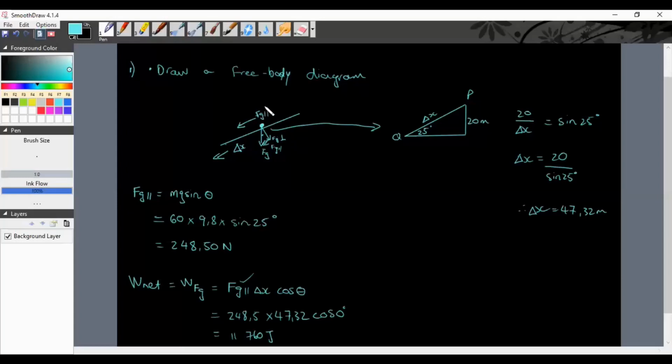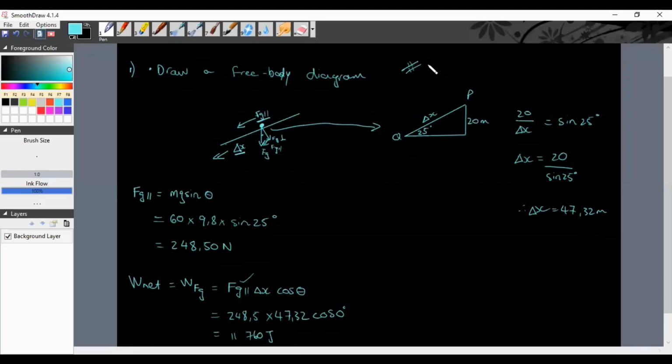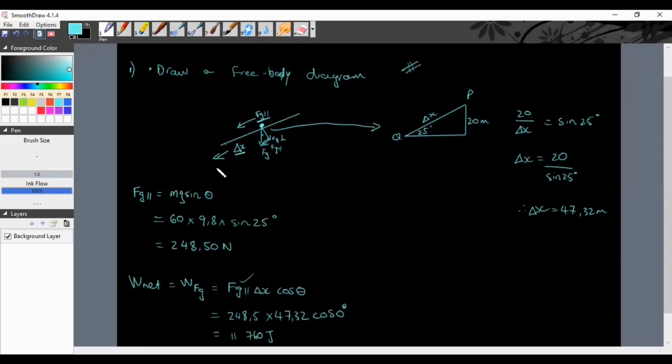When the force is in the same direction as your displacement, you see they're both going down the slope, they're parallel to each other. That means no angle is formed. So when no angle is formed, it's cos 0. That's what that 0 means. There's no angle formed by the force and the direction of the displacement, in the same direction.